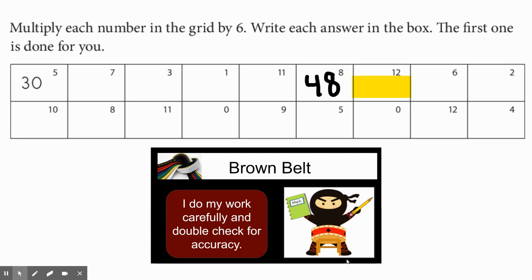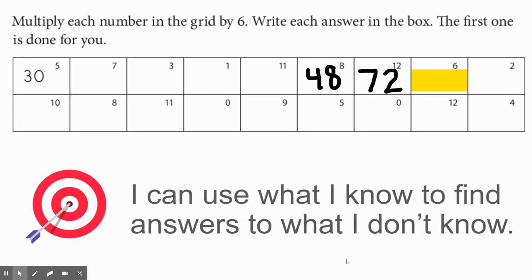Now I want you to think about, how can you find a product to 6 times 12? And as you do this work, I want you to work carefully and double check your work for accuracy. Mrs. Peters got 72 for 6 times 12.